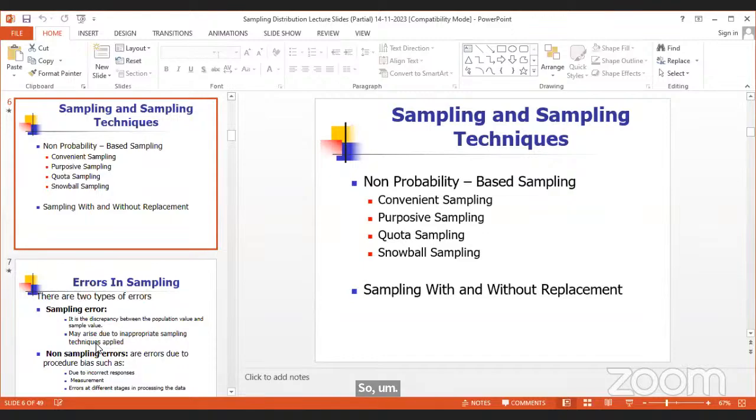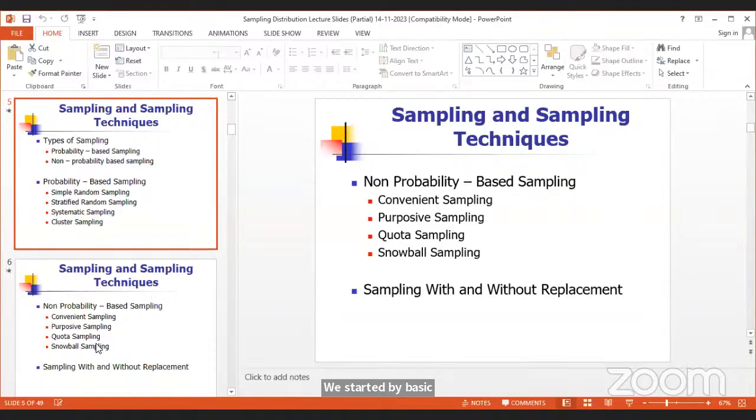I think we should stop at that for today, so that we can have time to do other things. So what have we done? We started with basic definitions. We started with population, remember?